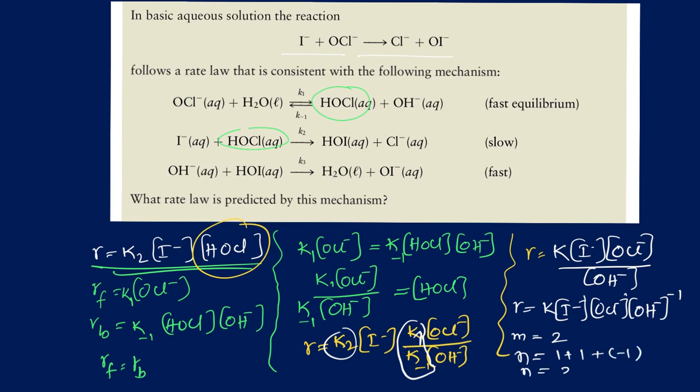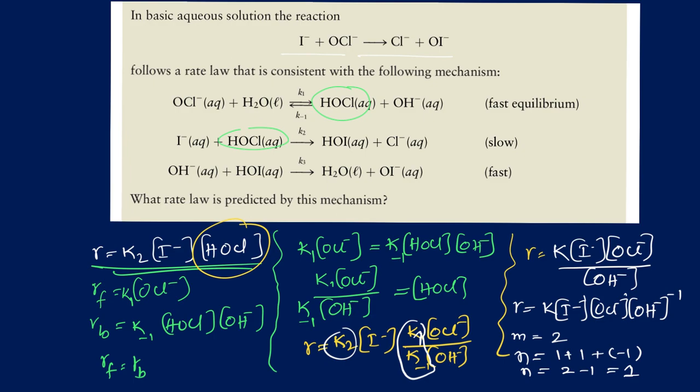Therefore n is equal to 2 minus 1, that equals 1. So overall it is a first order reaction. Like this you can determine the rate law. From rate law we can determine the rate and the order of reaction. From the mechanism we can determine the molecularity.